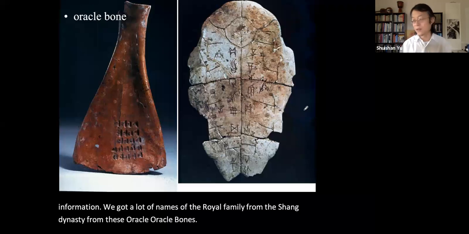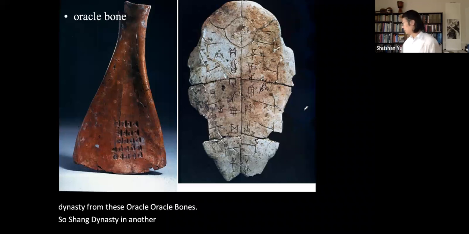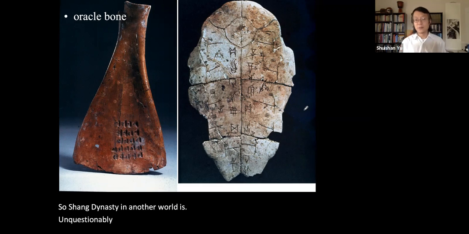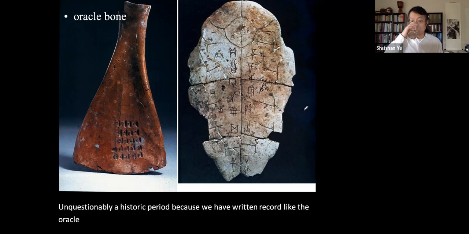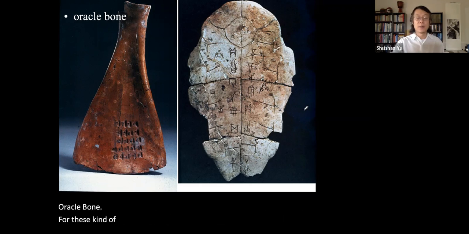So the Shang Dynasty, in other words, is unquestionably a historic period because we have written records like the oracle bones for this kind of crucial information about the details of their state and personal life.